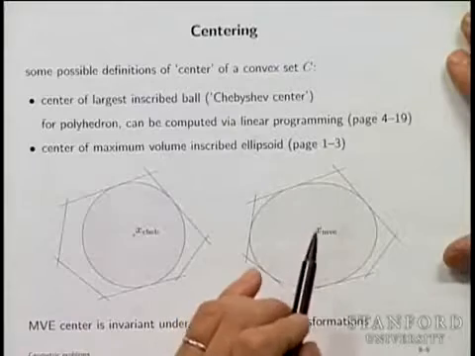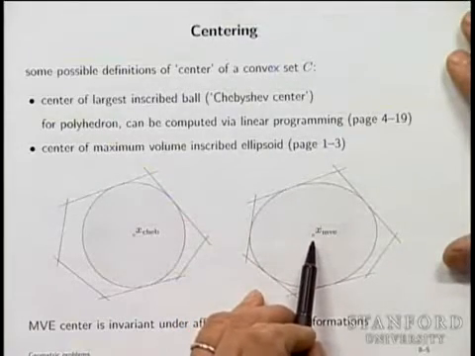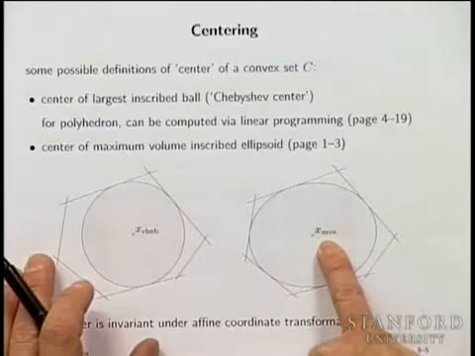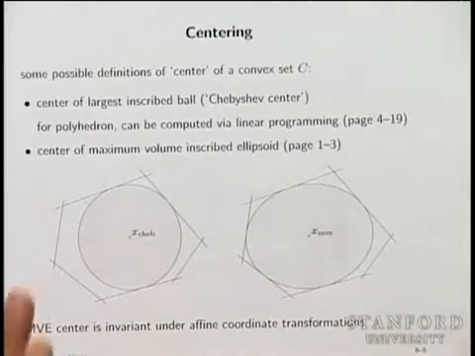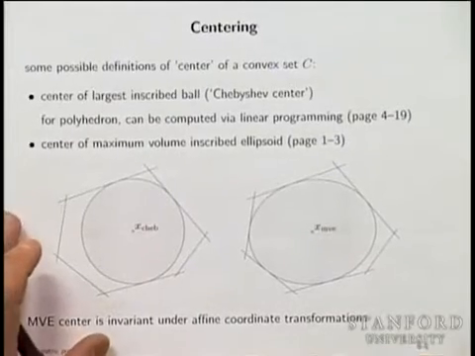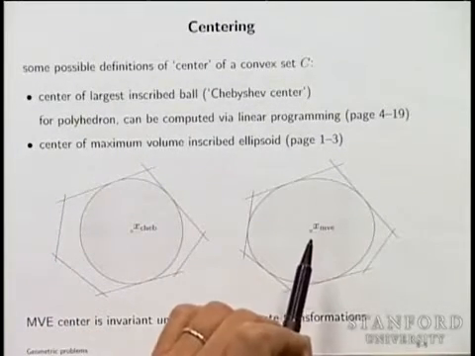And we just worked out this. Calculating the maximum volume ellipsoid in a set is also a tractable problem. And this is called the maximum volume ellipsoid center. So it's called x_MVE. This is x_Chebyshev. And you can think of lots of others. This one has a very important property: it's affine invariant.